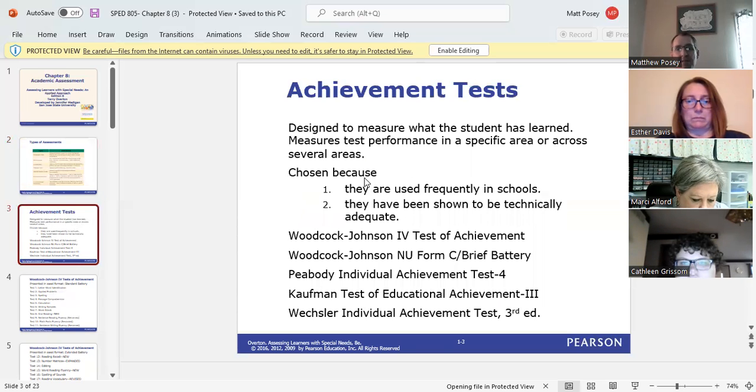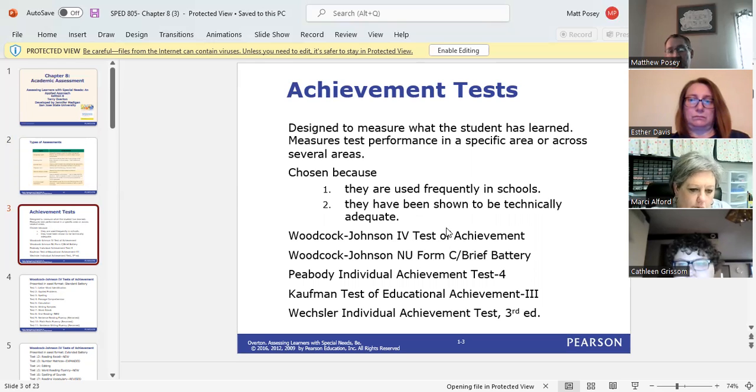Okay, achievement tests, they're chosen because they're used frequently in schools. A lot of your state testing, a lot of those assessments are considered norm referenced. They're achievement tests, state testing in the spring. They're also technically very adequate, reliable, and valid. You've heard me mention the WJ or Woodcock-Johnson 4.